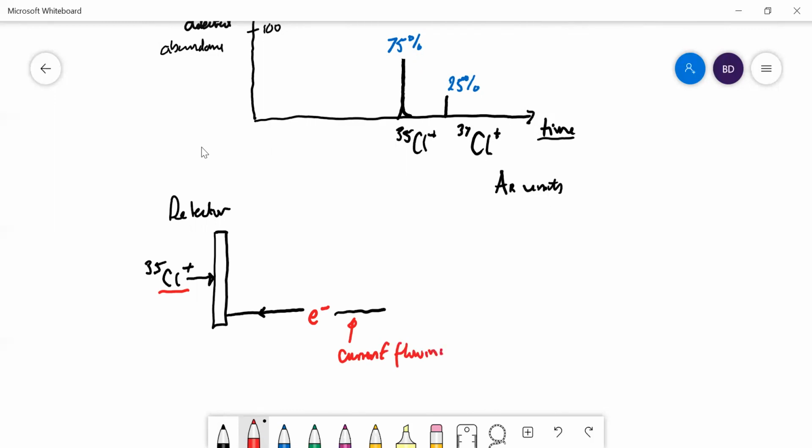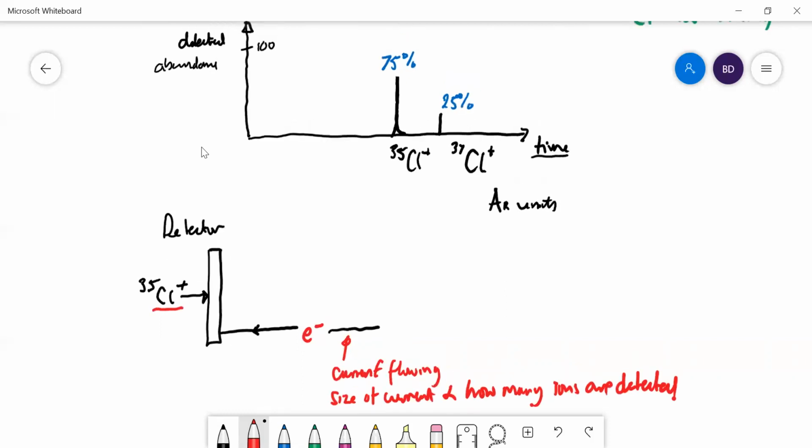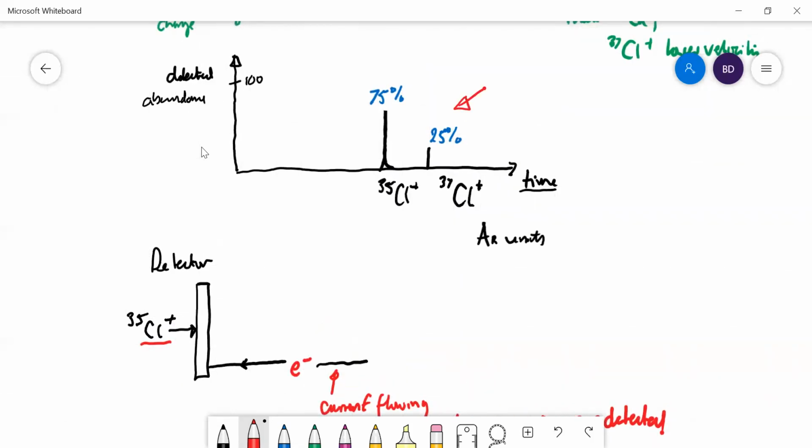Because you've got electrons moving down there. And the size of the current is going to be proportional to how many ions are detected. So that's what here gives you different size peaks. In this bit here, you've got a different amount of current flowing.